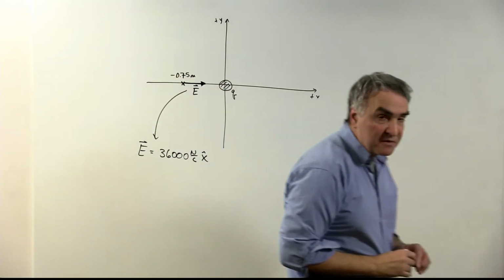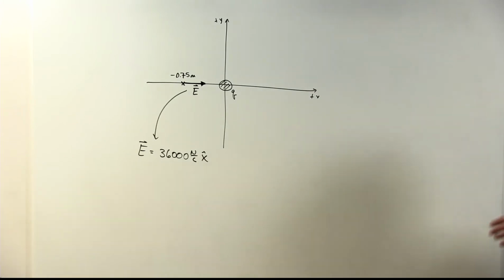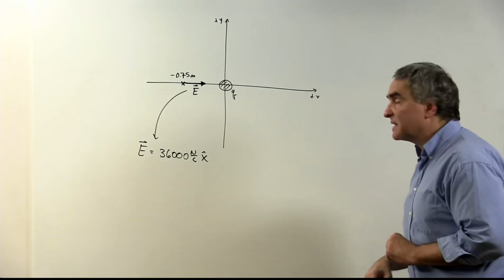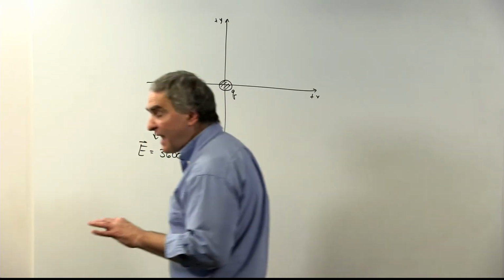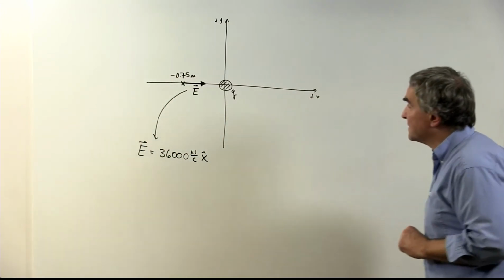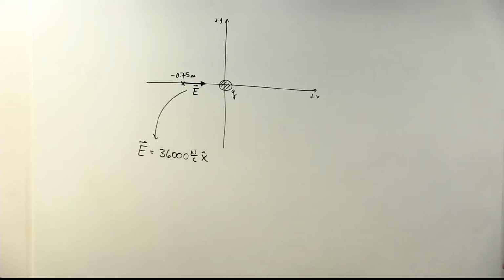The electric field is 36,000 newtons per coulomb x hat, so it's in the plus x direction. Now, the question asks, find the sign and the magnitude of the charge. How do we find the sign? Let me let you think about that for just a second. How do we find the sign of the charge?